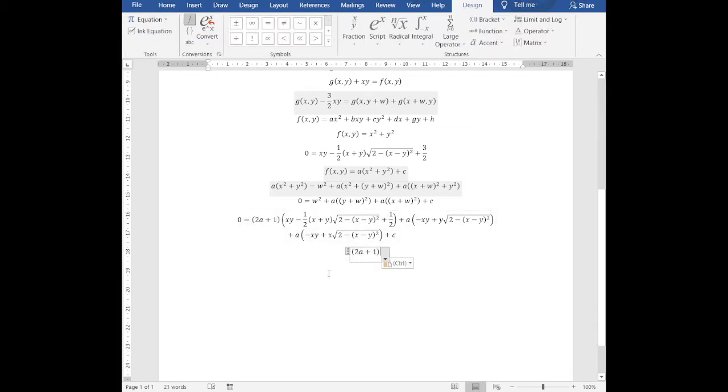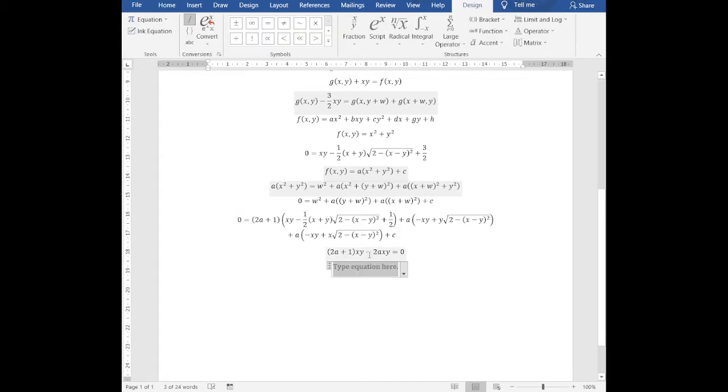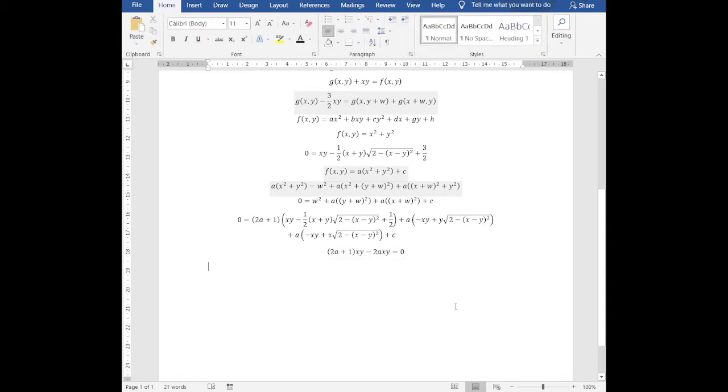So I'm going to go 2a xy plus, so I'm going to take the xy term from this, and it's going to be minus a xy, and we're going to have two of those because we get one from that, and this must be equal to 0, so we're saying that all of those terms combined sum to 0, because remember we want this whole thing to be equal to 0. So the coefficients on all of them must go to 0. And even from that term, we can see this doesn't quite work, which is annoying.